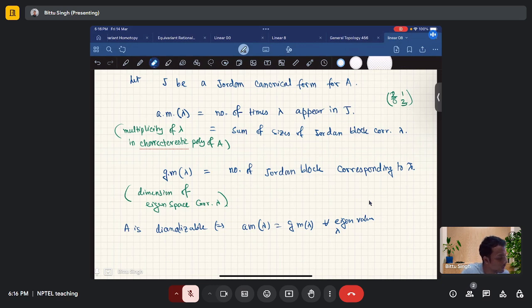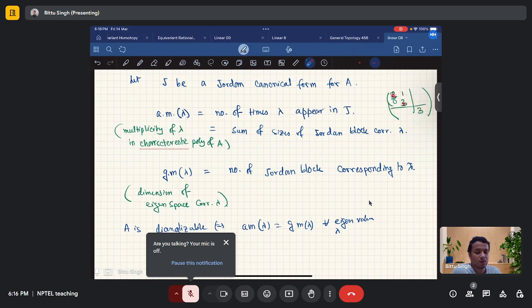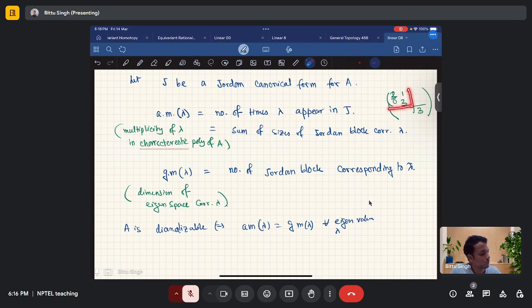Let me include another thing, then it will be more clear. Suppose there is another Jordan block which contains another 3. So now algebraic multiplicity will be 3, because there are 3 diagonal entries which contain 3. But geometric multiplicity will be 2, because there are only 2 Jordan blocks.